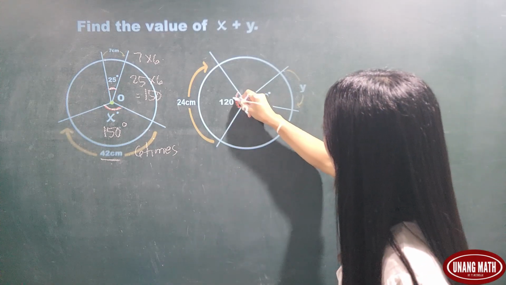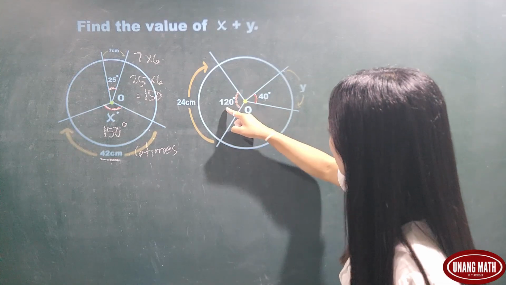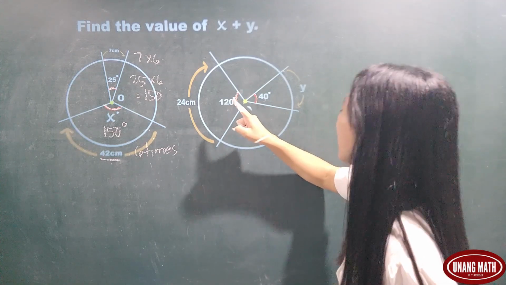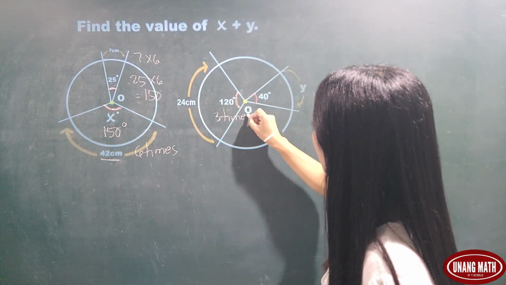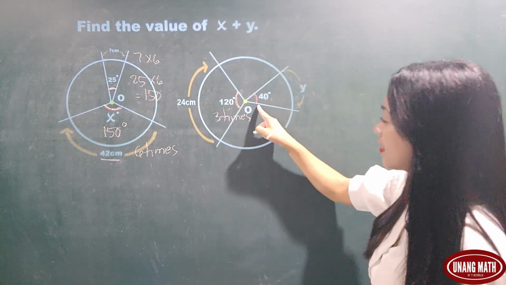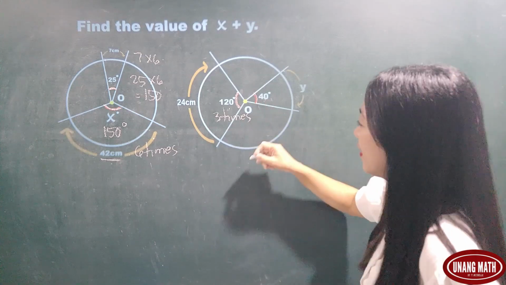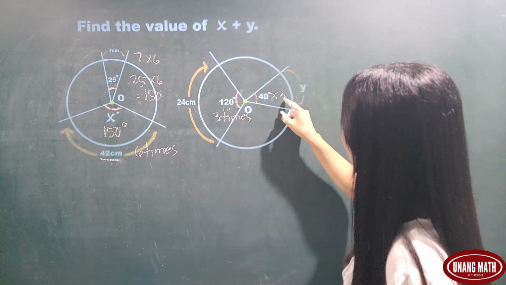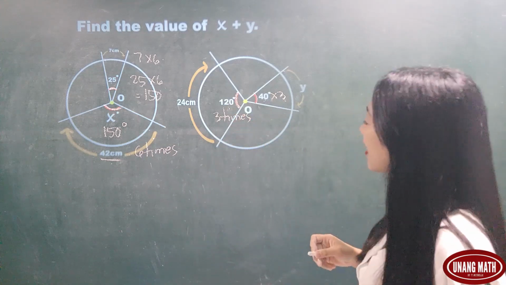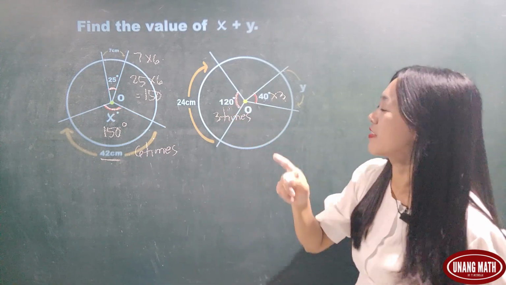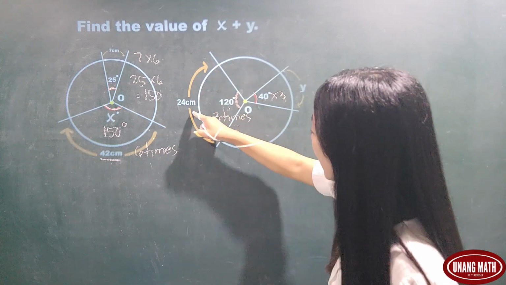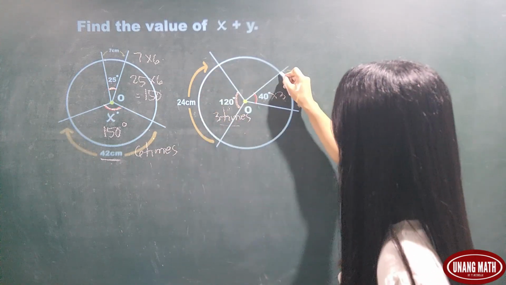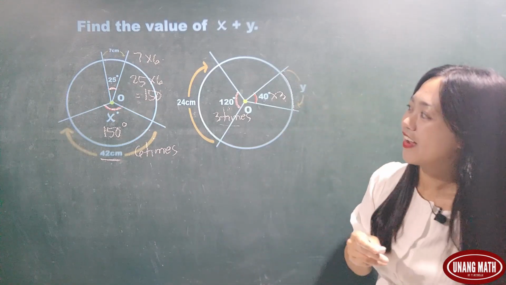This central angle that measures 120 degrees is 3 times larger than this 40 degrees, because 40 times 3 is equal to 120 degrees. So this arc is also 3 times larger than this arc.